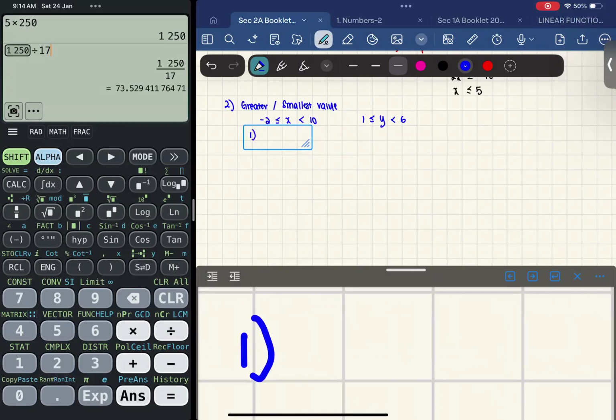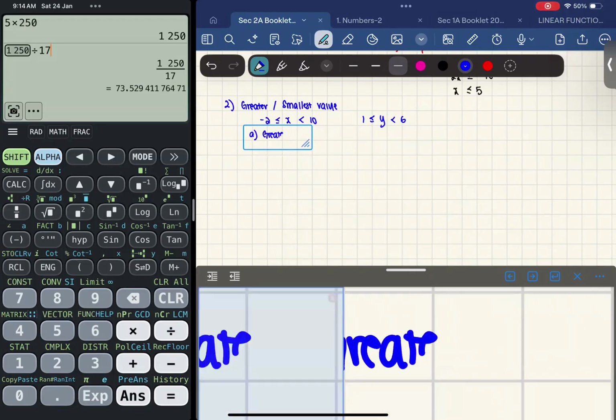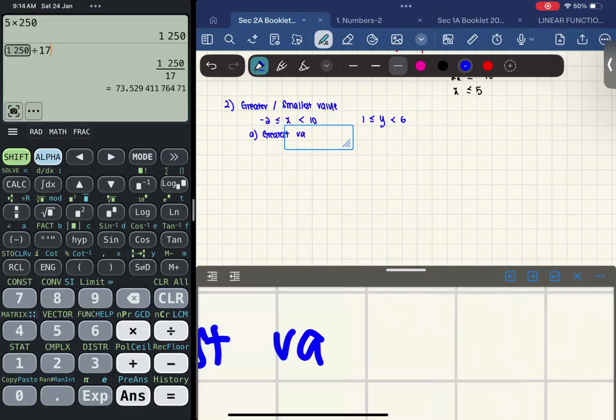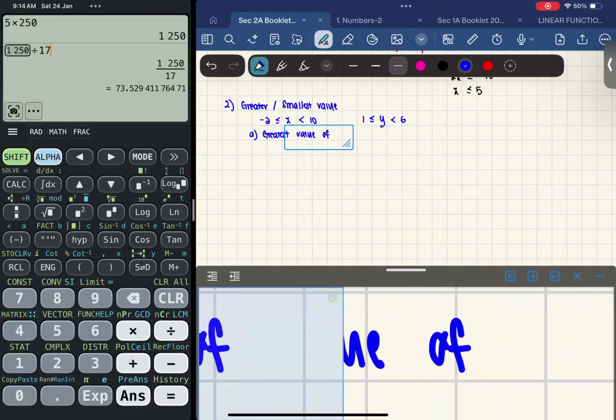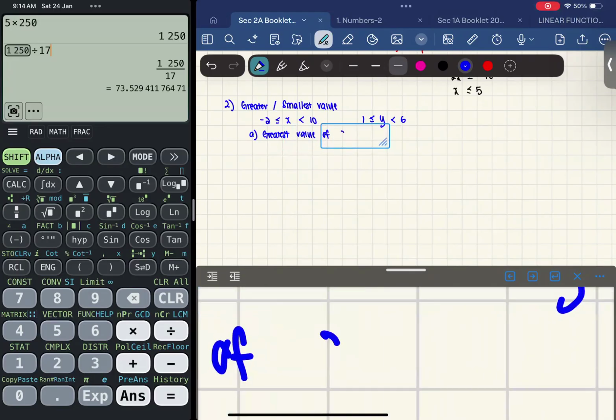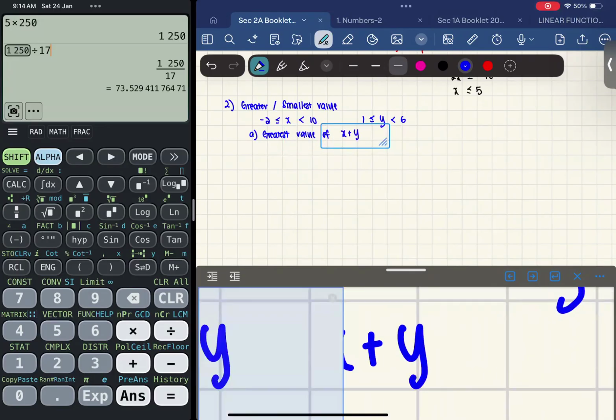Number one, okay, not one. A, the greatest value of x plus y.